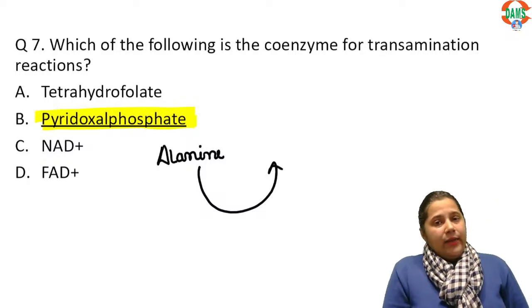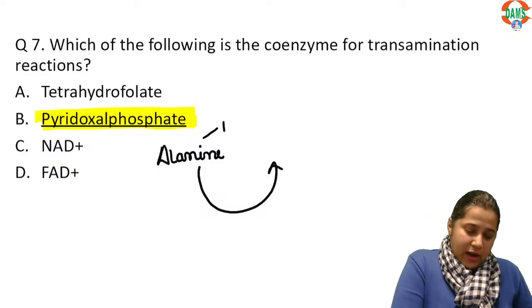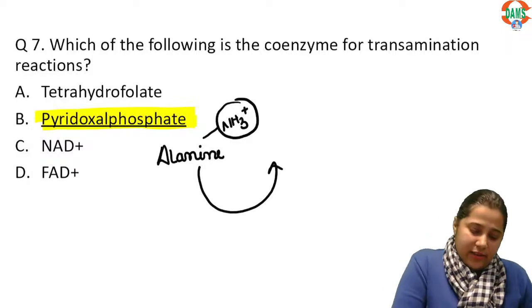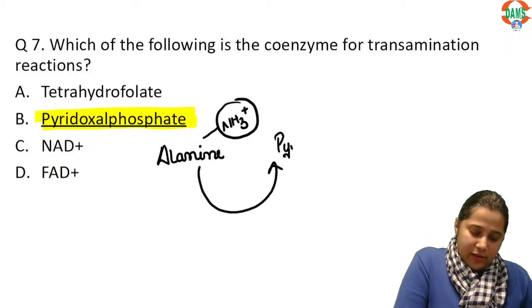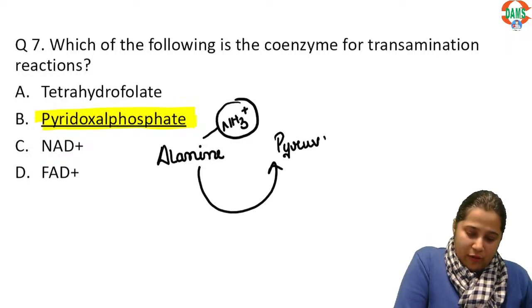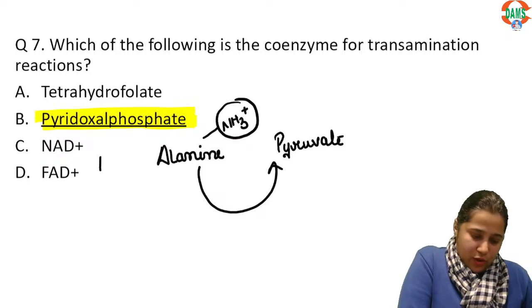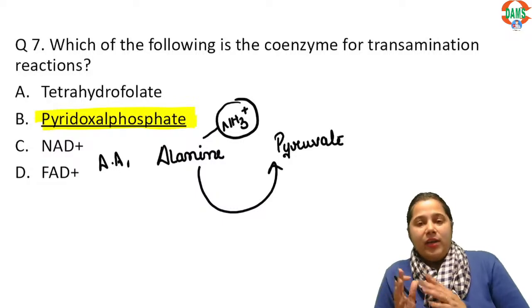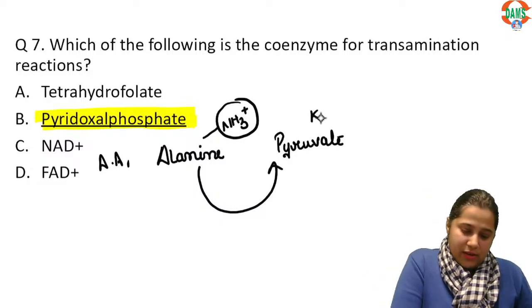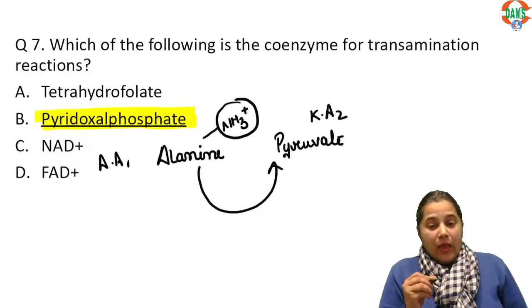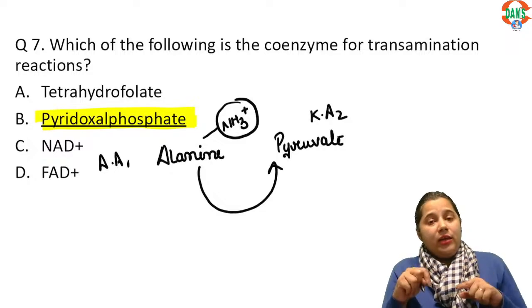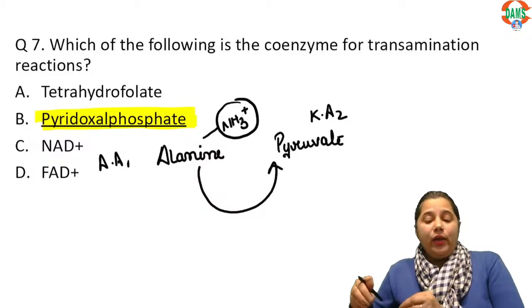Now, alanine contains an amino group. If you remove the amino group from alanine, structurally it is nothing but pyruvate. So you have an amino acid on one side. You remove its amino group, it becomes a keto acid. So this one here is a keto acid. But at the same time, this ammonia which is getting removed will not be going into the medium.